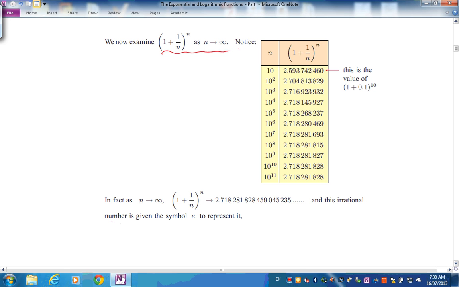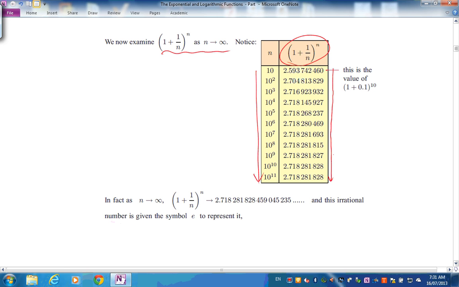If you actually put in larger and larger values, and we are talking about very large values here, what happens? Hey, what is happening to this function value? 1 plus 1 on n to the n. Because we said if n gets very, very big, that's equivalent to h tending to naught, a would be the result of that. It would approach the a value.